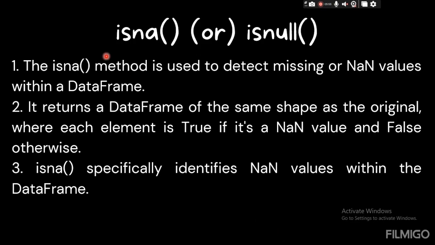So first of all, let's learn about the methods called isna or isnull, which are used to check whether the element is NaN or not. I mean whether the element is a NaN value or not. For that we are going to use isna or isnull methods with the data frame objects.